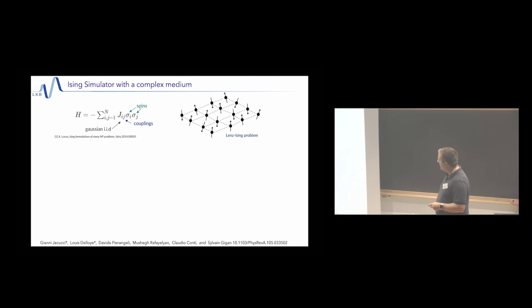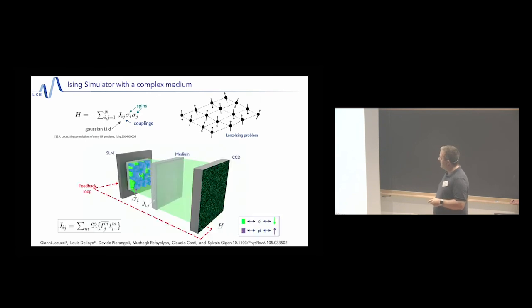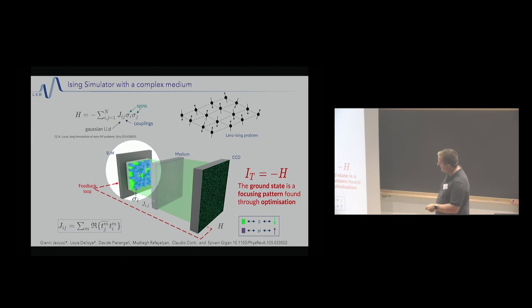And what we did, and Louis is here, so you can pick his brain if you want to learn more, is show that when you write the state of the SLM, each pixel of my SLM is basically the state of my spin, and the intensity on my camera can be written as some combination through my transmission matrix, but I can map it to a coupling matrix. So my coupling coefficients will be linked to my transmission matrix values.